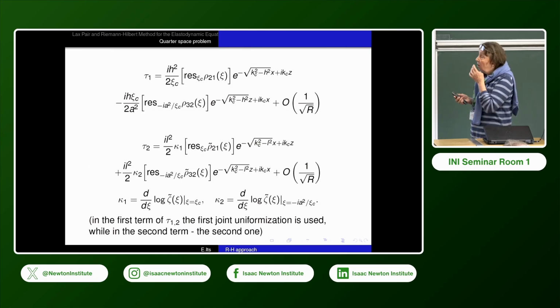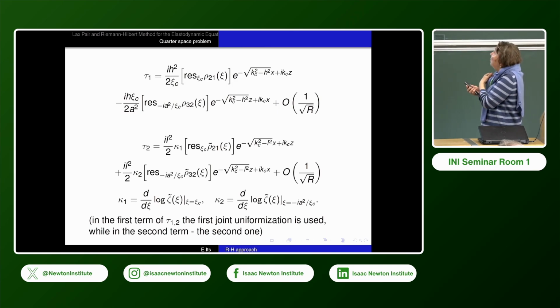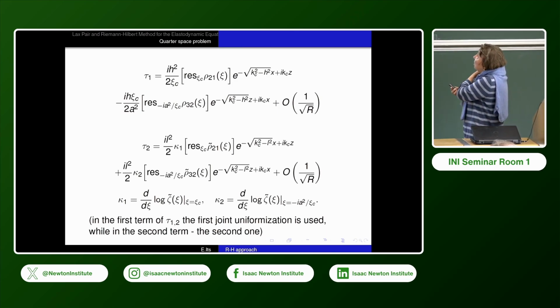And after certain transformations, we could finally write our Lamé potentials in terms of the residues of the jump functions, this one and that one.